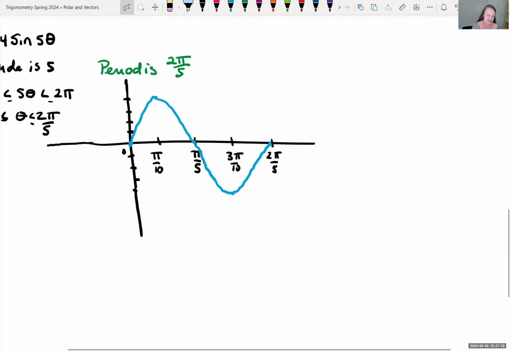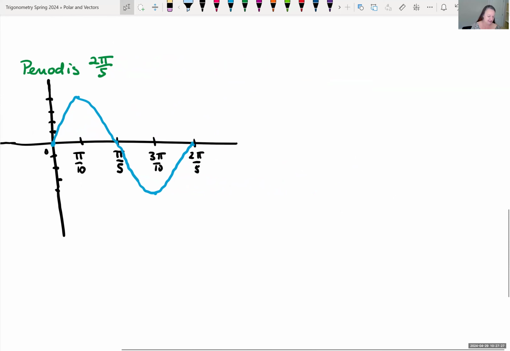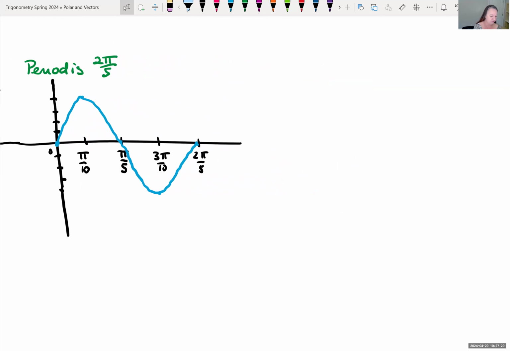Okay, so using this, and we might need more of that graph to help us get the whole thing. We're going to use this to help us graph this. Okay, so starting at the pole, we're at 0, 0. Then I'm going 2 pi tenths, and I'm hitting a mark of 4.